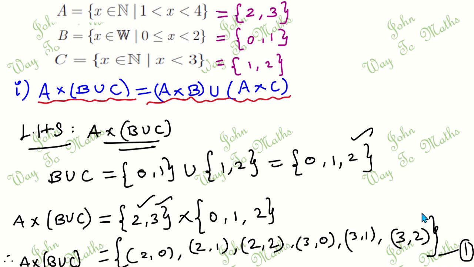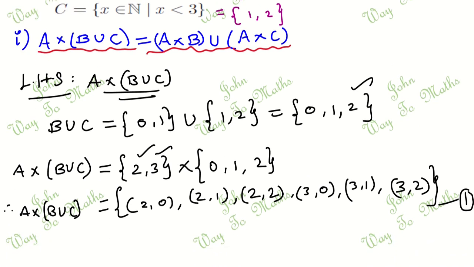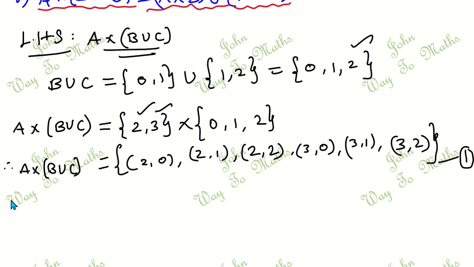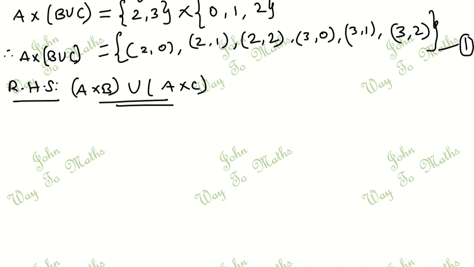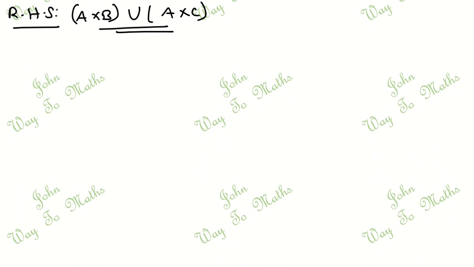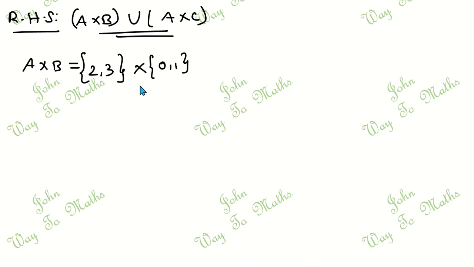So next I'm going to find RHS. So RHS is equal to (A cross B) union (A cross C). So first I'm going to find A cross B. So A cross B is equal to set A becomes 2, 3 cross set B becomes 0, 1.